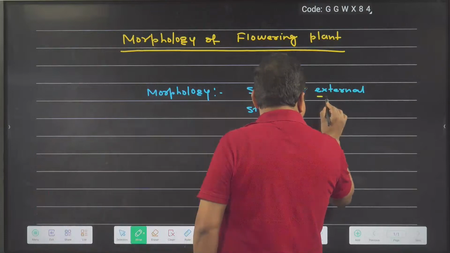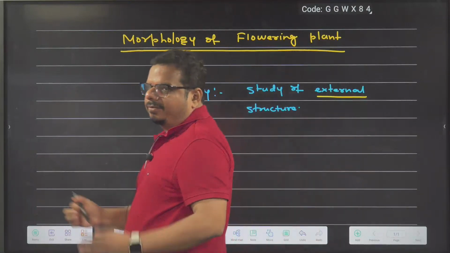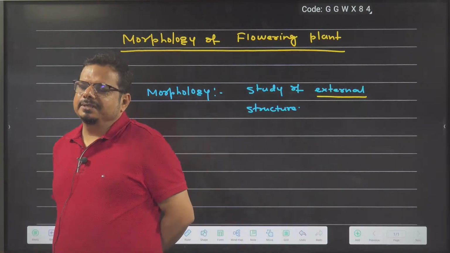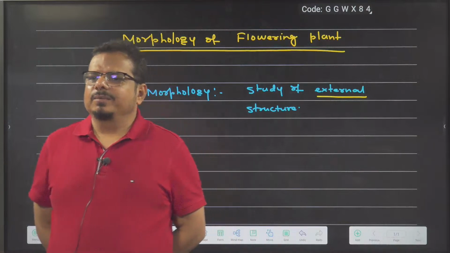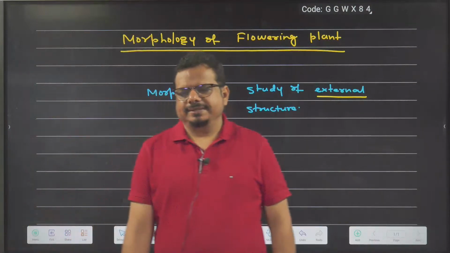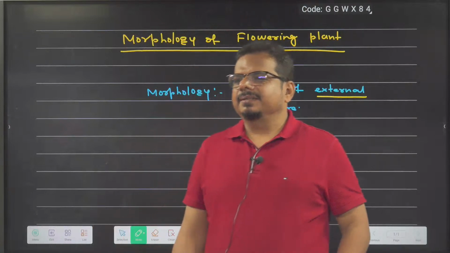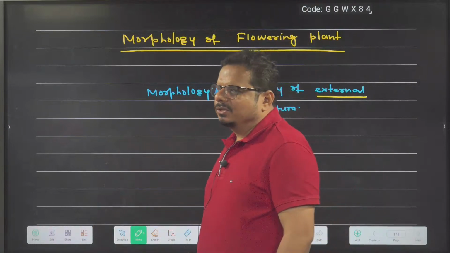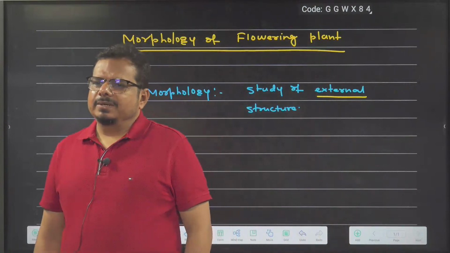When you are visualizing anything with your naked eye from outside, how it is appearing, how it is looking, how many components are visible in it, that comes under morphology, right? Very basic definition.